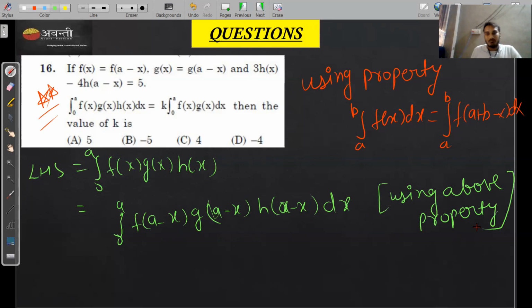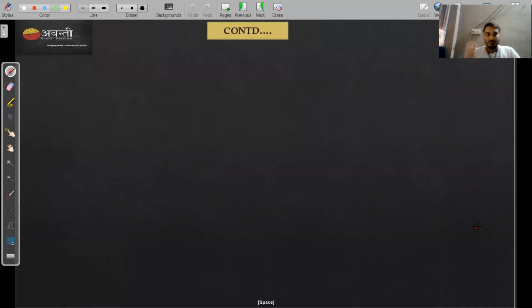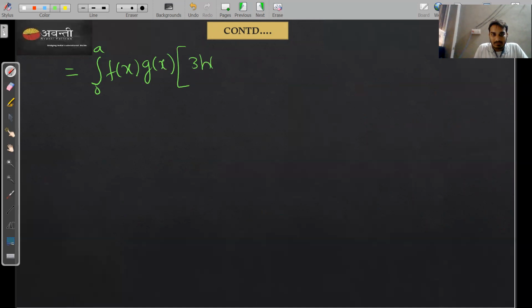So now see, f of a minus x value is given, g of a minus x is given, h of a minus x is given in fact. So just replace these values. So what you get? You get the integration from 0 to a. What is f of a minus x? f of x. g of a minus x is g of x, and h of a minus x is 3h of x minus 5 by 4, dx.